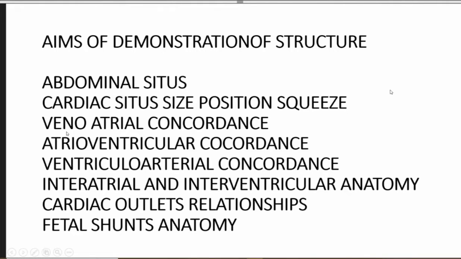Veno-atrial concordance, that means communication of veins with the atria. Atrioventricular concordance, that means communication of left atrium to left ventricle, right atrium to right ventricle. Ventriculo-arterial concordance, that means communication of left ventricle to aorta, right ventricle to pulmonary artery.